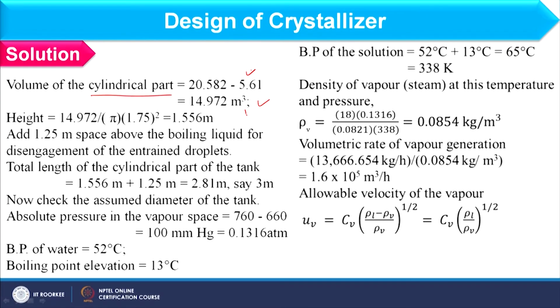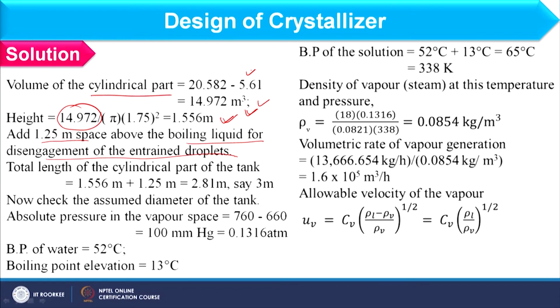Now, you know the diameter. Okay. So, I know the volume of the cylindrical part. So, I can calculate height of the cylindrical section or height of the shell, right. So, further we need to add 1.25 meter space above the boiling liquid for disengagement of the entrained droplets. Okay.